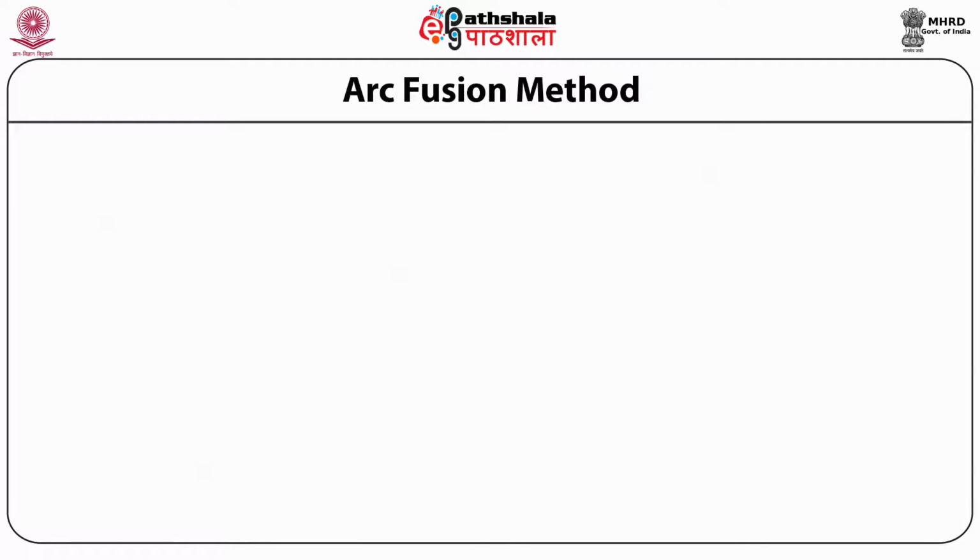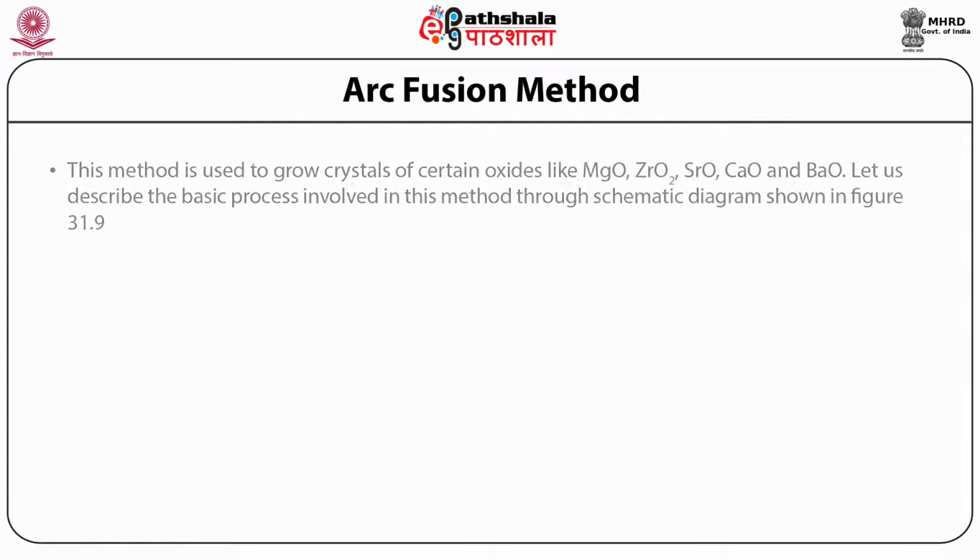Now we come to the arc fusion method. This method is used to grow crystals of certain oxides like MgO, ZrO2, SrO, CaO, and BaO.